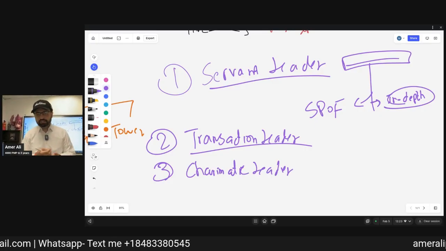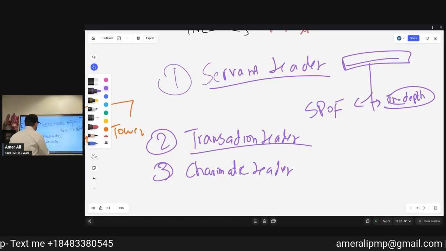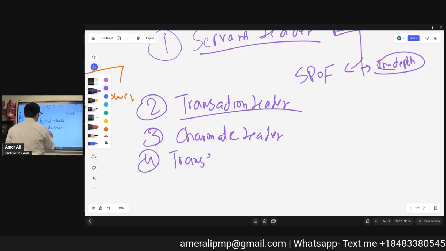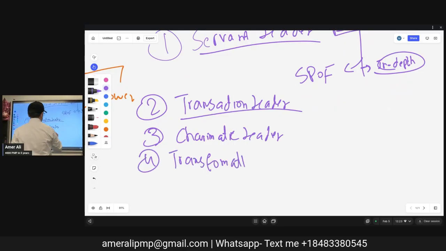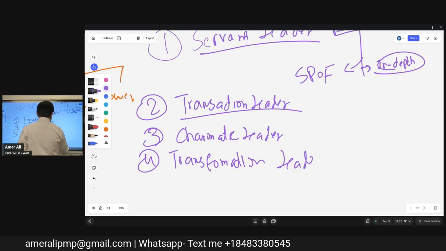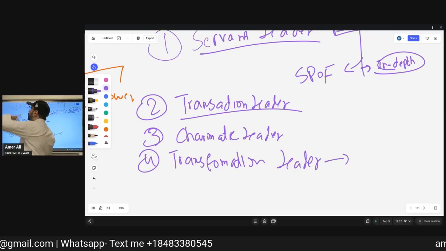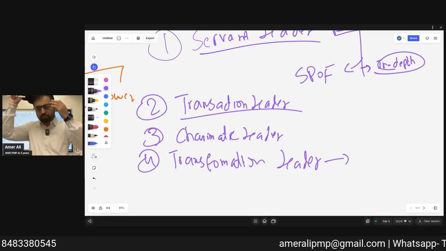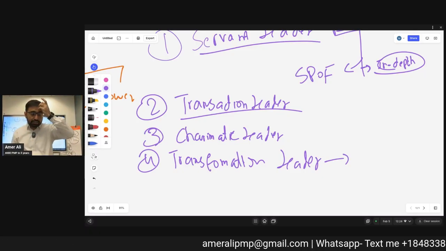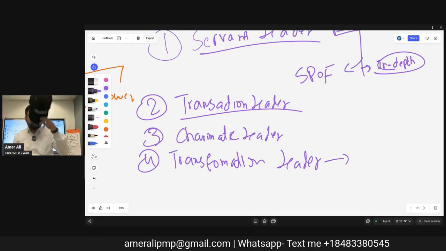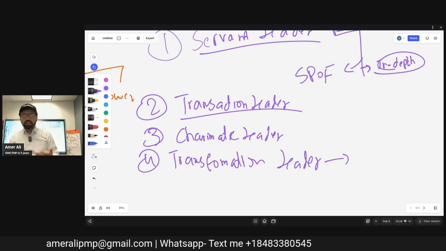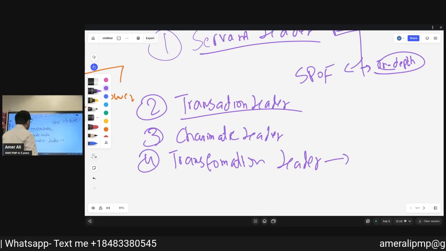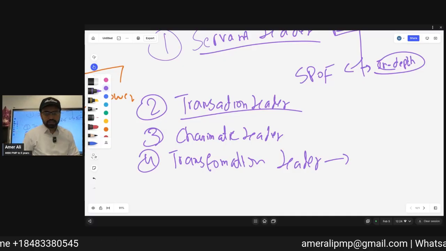Then you can have transformational leadership, someone who takes the team and transforms them into something better. We all know leaders who have transformed their nations, like Nelson Mandela, who is called a transformational leader. Of course, all these leadership styles are used. So that's your team topic, guys, the entire topic.